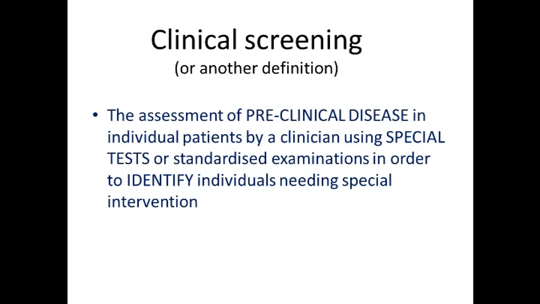Now, the word special intervention here means subjecting them to diagnostic procedures. Please do remember, by performing a screening test, we cannot say a person is suffering from a particular disease. This is a point to remember when we talk about screening.